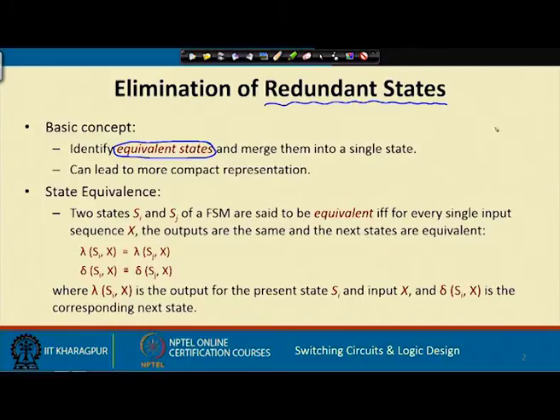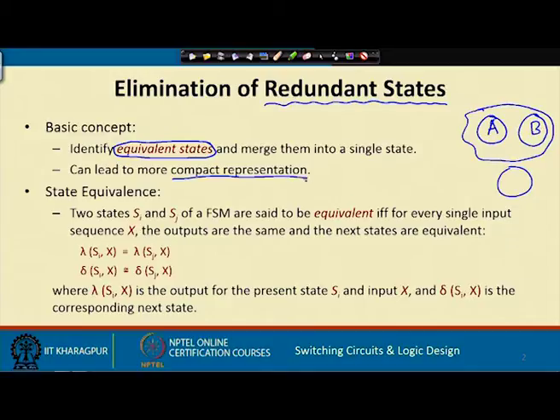For example, in a finite state machine we can find out that two states, let us say A and B, are equivalent. So, we can merge them together into a single state, that will make our FSM smaller, and that is expected to lead to a more compact representation. Now, when you talk about equivalence of states, let us try to understand what we exactly mean by that. Two states, we are saying that they are equivalent.